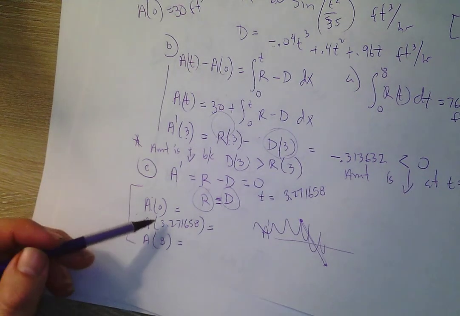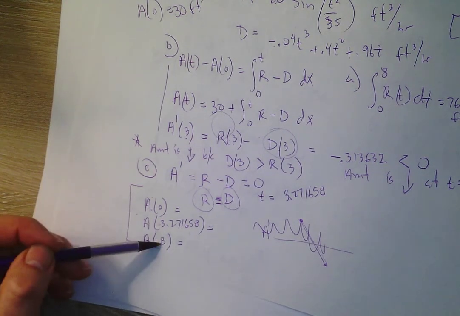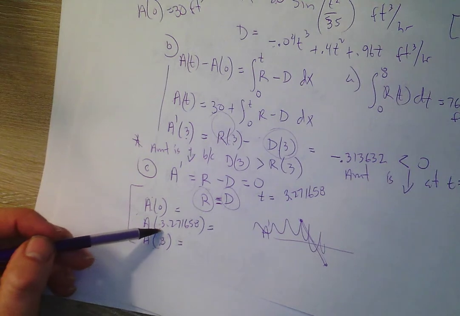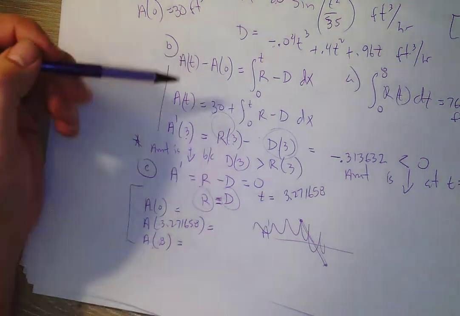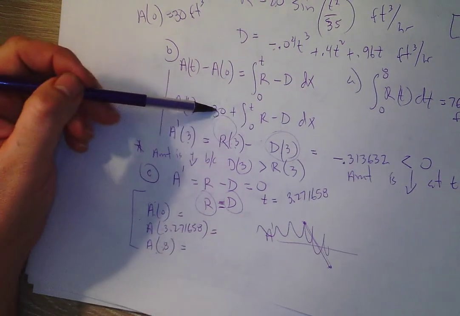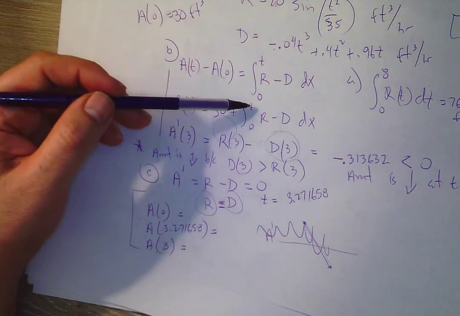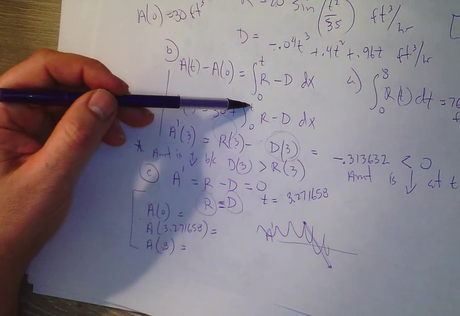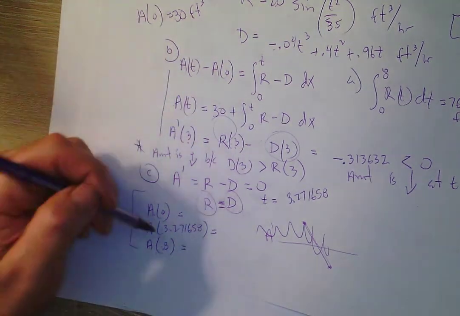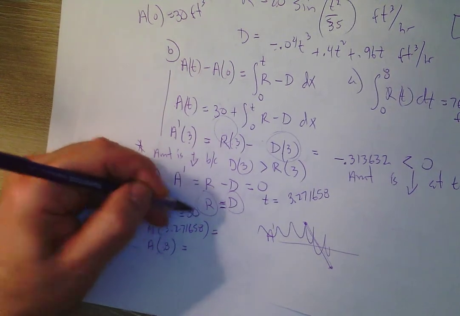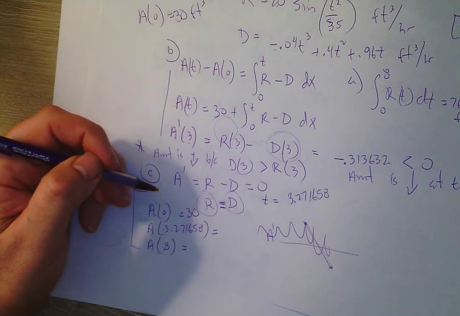So you're going to have to plug these numbers into our A function. And remember, our A function was defined in this way, right? Our A function is defined as 30 plus the integral from 0 to that time value of r minus d. They told me that A of 0 was 30, so at least I've got one of those values.